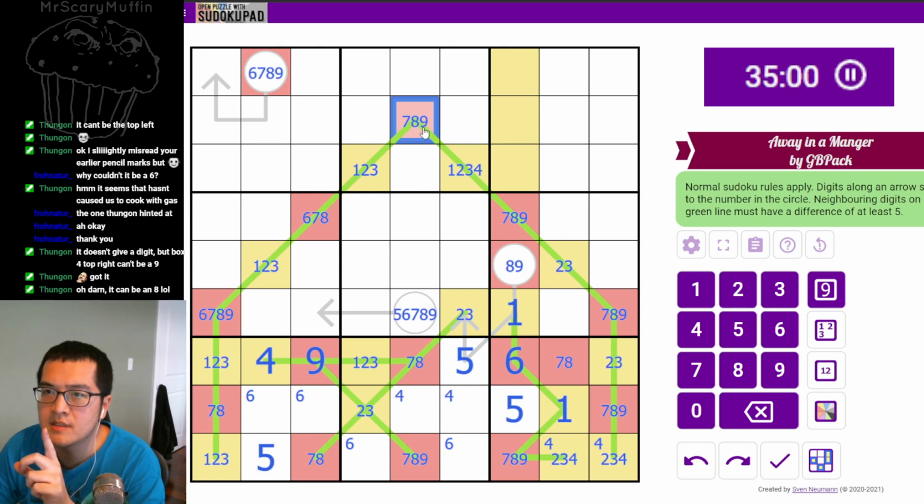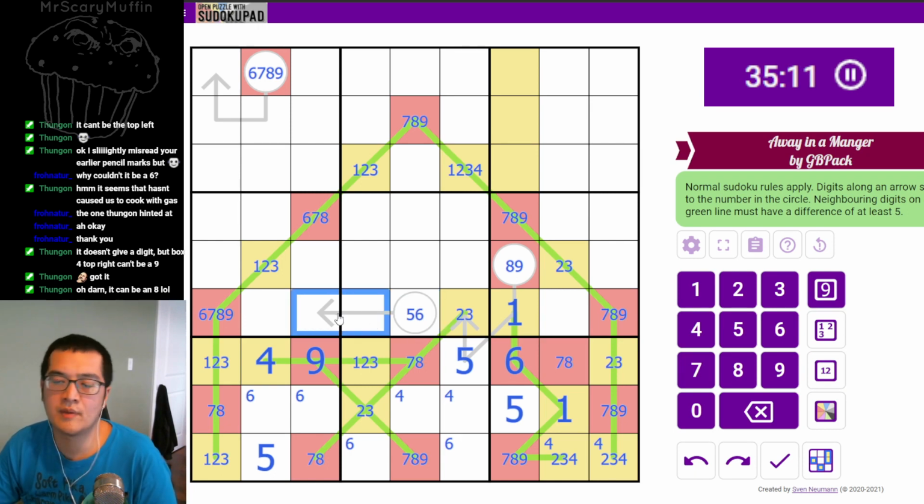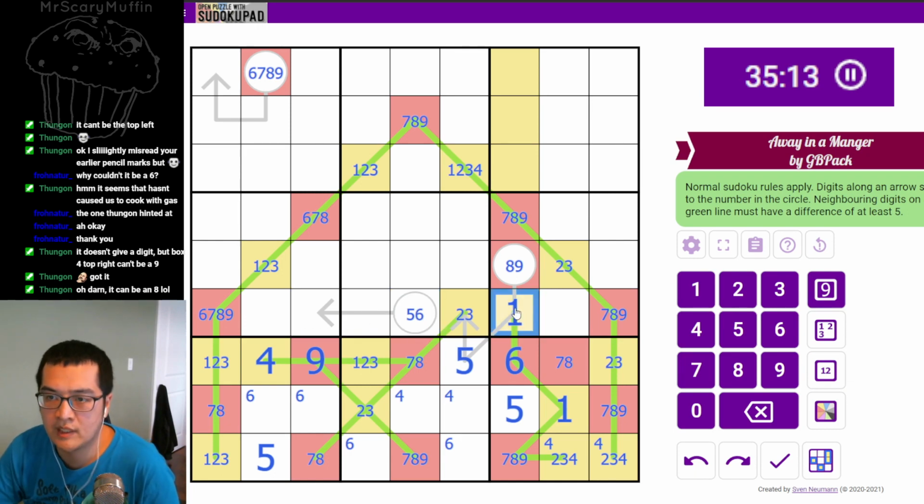And then because 7, 8, 9 are here, this cannot be a 7, 8, 9 because then we no longer have a place for a 6 in any of these places. So this can only be a 5 or a 6. And how do we add up to 5 and 6? There's already a 1 here, so we can't even have a 2 or 3 because that would get rid of this one. So this actually can't even be a 5 anymore. This can only be a 6.